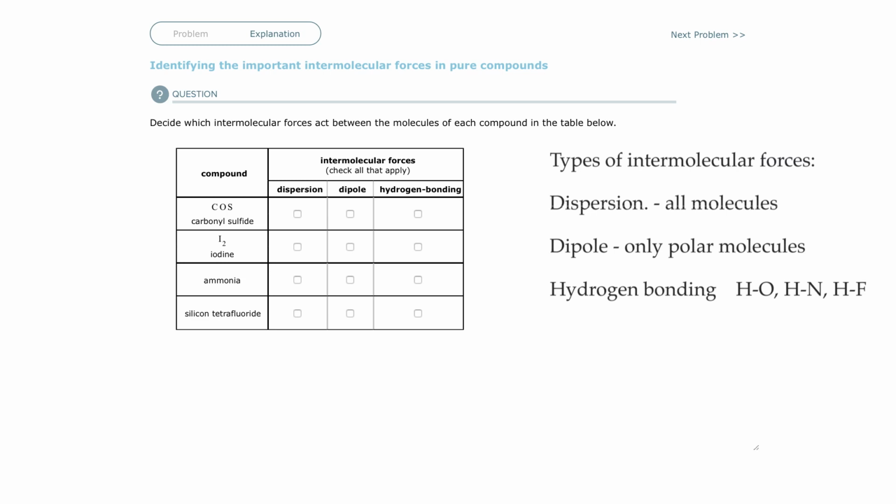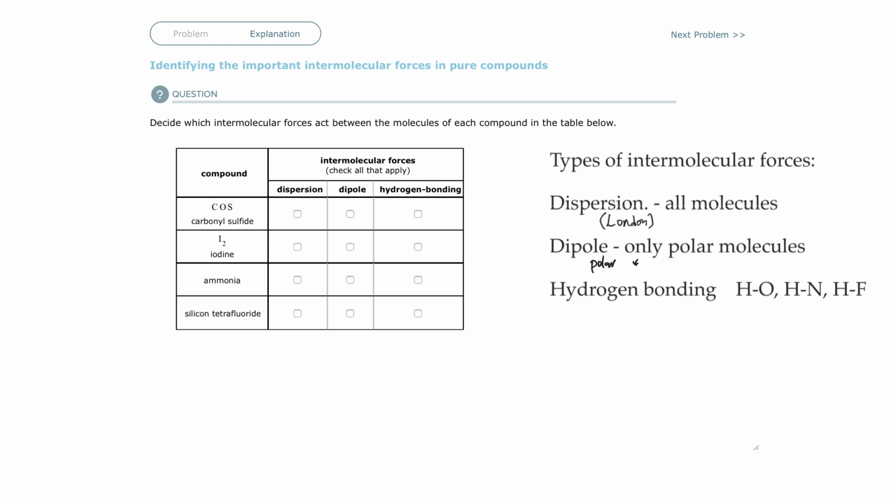And dispersion forces are also called London forces. So many times I'll call them London forces, but they're called dispersion forces. The second type is called dipole forces, and dipole has to do with polar molecules. Okay, so polar molecules, remember, have one side that's positive, so pole referring to polar.